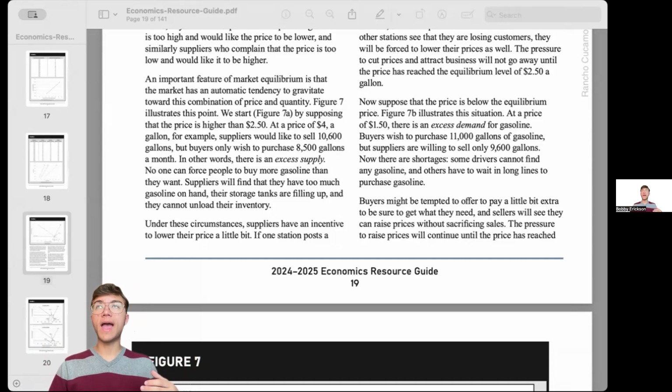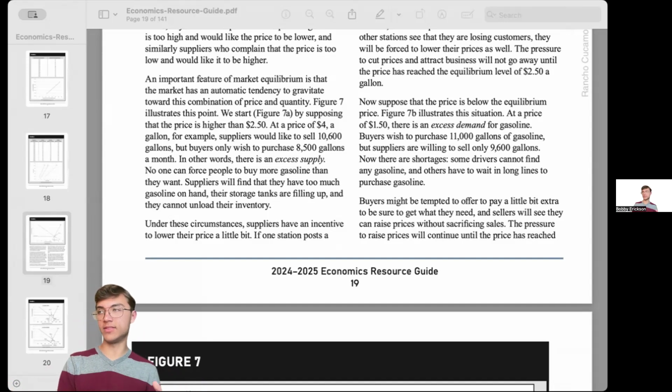So at a higher price point, people are willing to go to that higher price point to get the quantity that they need. And at the higher price point, the suppliers are willing to supply more, and they'll be able to supply it at those amounts because buyers are clearly more than willing to buy since there's excess demand, remember. They're more than willing to buy the gas because more people want it than there is supplied.